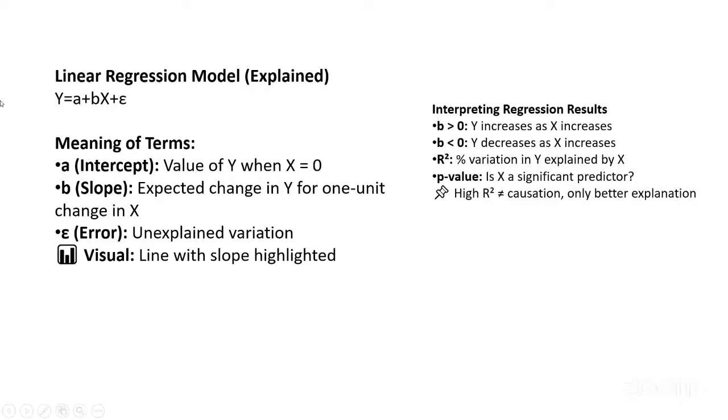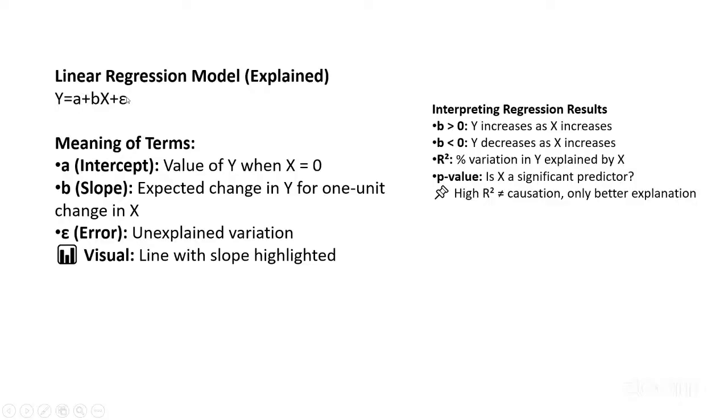So here, y, I have already told you, is the dependent variable, and this is the independent variable. And a, what I have already called beta naught, here I have mentioned as a. It is the intercept. What does it mean? When the value of x is 0, then we get only the intercept part.